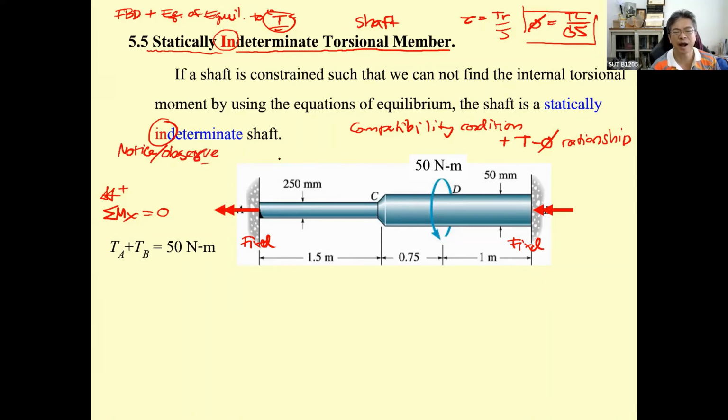By doing this, you may see, by noticing or observing how the shaft behaves, we will have the angle of twist at point A with respect to B equal to 0.